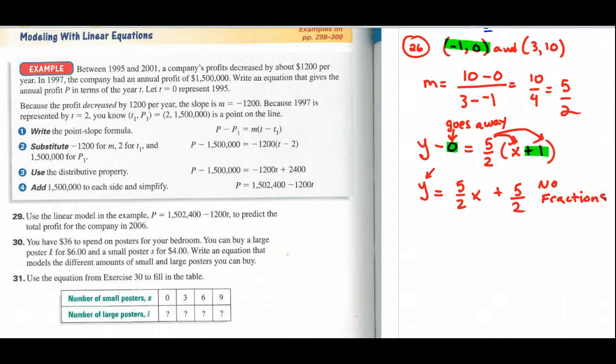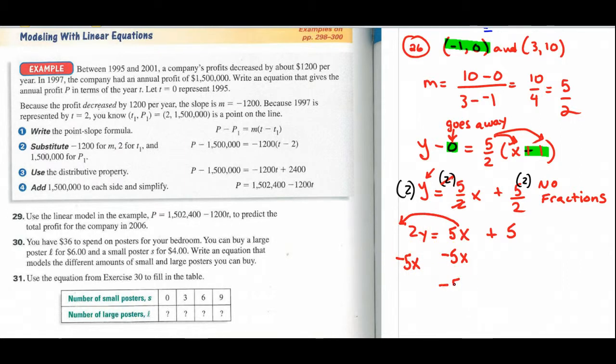So in order to get no fractions, we're going to multiply every one of these terms by 2. That's the denominator. So now I have 2y equals, I'm going to cancel those 2 out, so I get 5x plus 5.